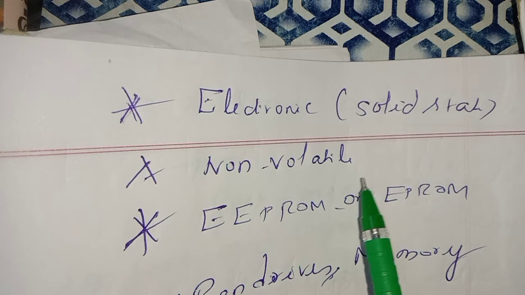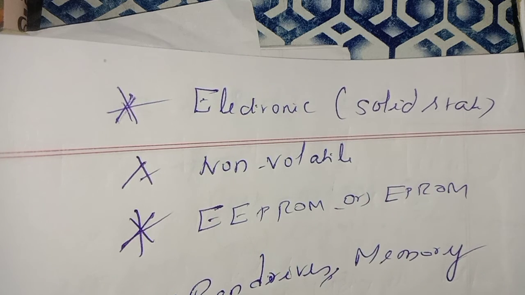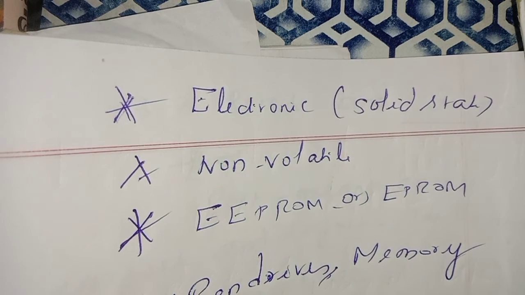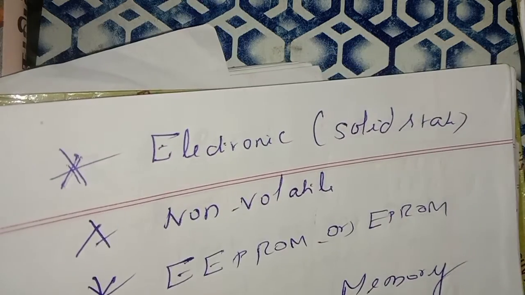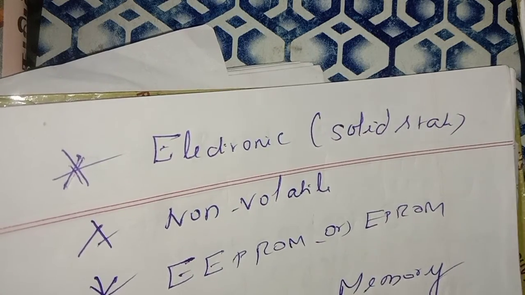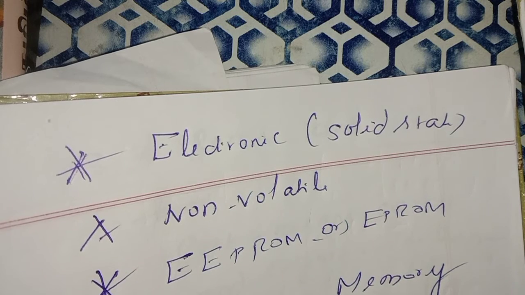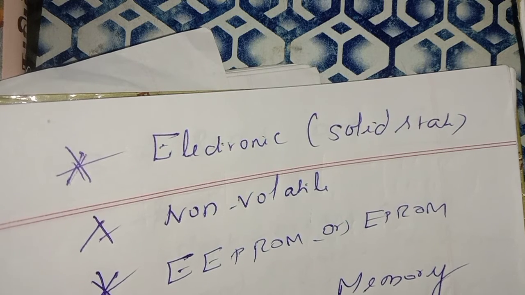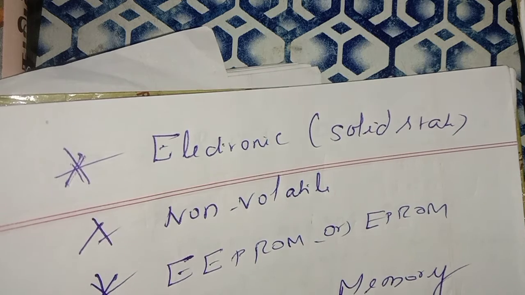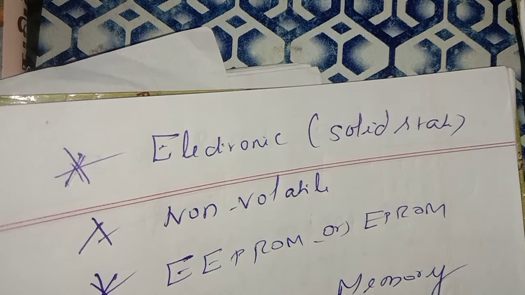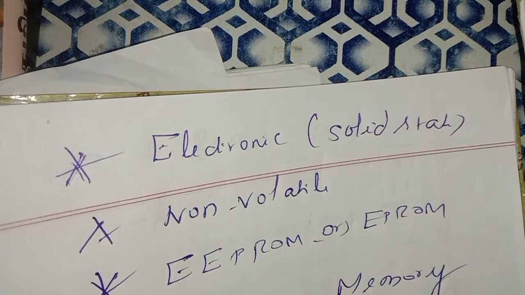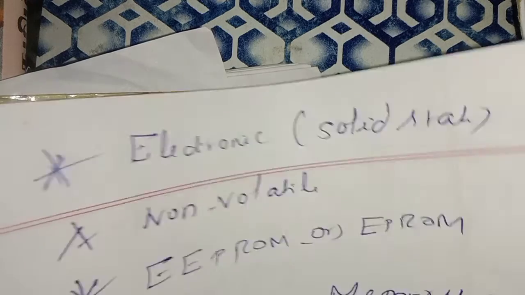Non-volatile means that when the power goes off, nothing will be erased. Examples are EEPROM and EPROM, like pen drives and memory cards. These are also used in digital cameras and mobile phones. They give fast access.